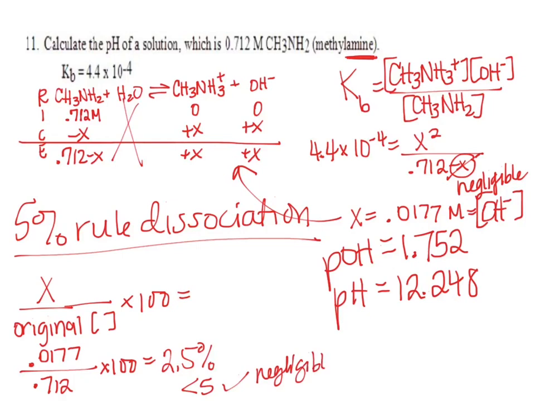Yes. If we wanted to be extra safe, if you wanted to solve for it, you can. I just use the regular quadratic formula, and my X was only 0.0005. So I got 0.01748. It's okay.